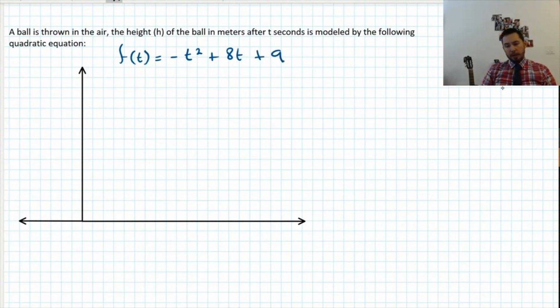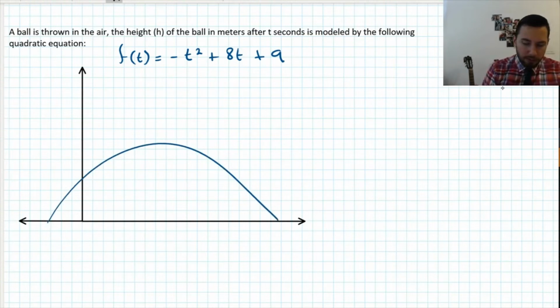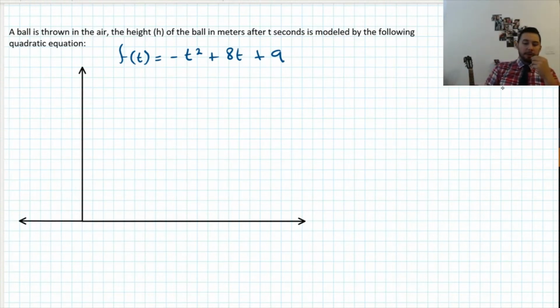Okay, and again, please have in mind that my a in this case is negative, and it will most of the time be like that, because in order for me to have a downwards parabola, my a has to be negative. So off of this quadratic equation, we're going to get asked these 5 questions.